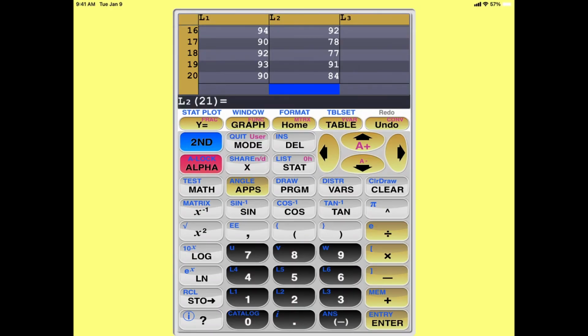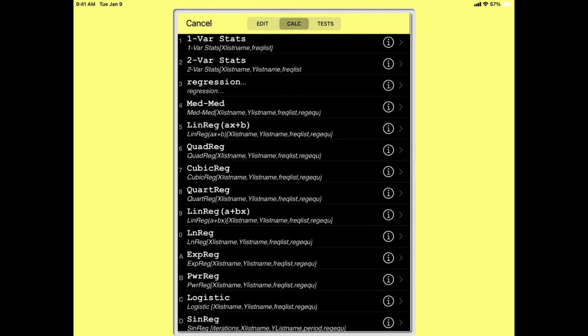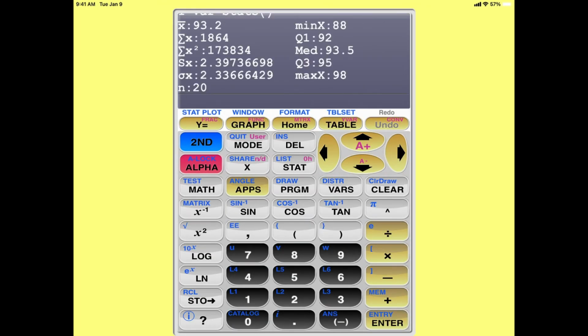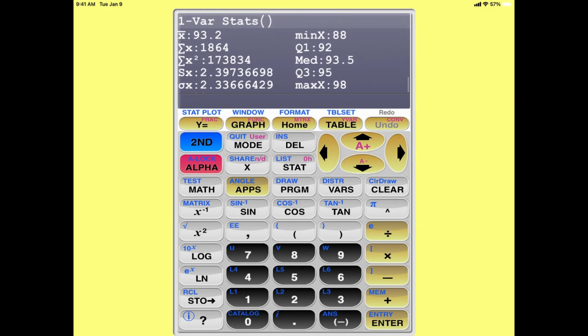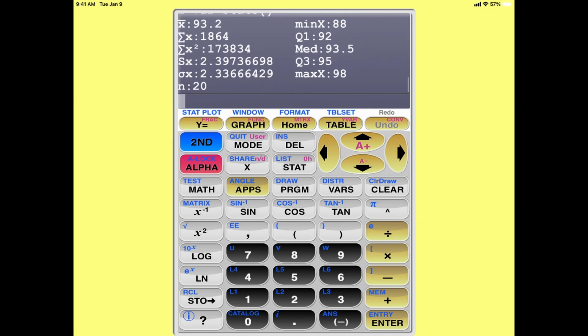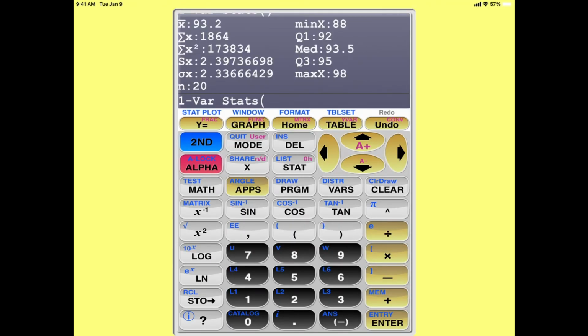All right, so I went ahead and put the numbers into my 2 lists, and then stat, calc. This would give me the statistics for Mr. Ng's class, right? And if you want to do the same thing for Mrs. Ng's, calc one var stats. Before you press enter here though, this is where you want to designate list 2.